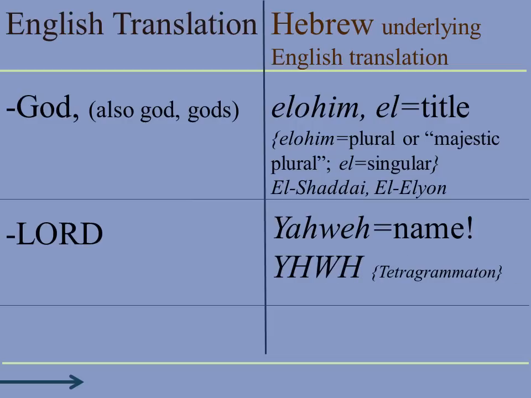The four consonants, YHWH, or Yod He Vav He, that you saw in the previous slide, these consonants are referred to as the Tetragrammaton. Prior to the Masoretic text, from which our English translations are based, ancient Hebrew manuscripts were not vocalized, meaning there were no vowels that were written, simply consonants.